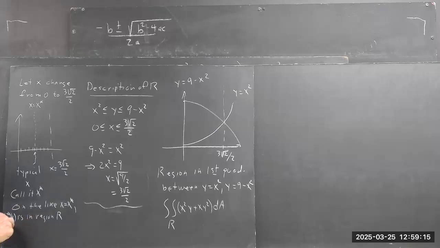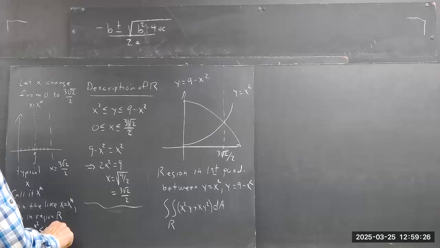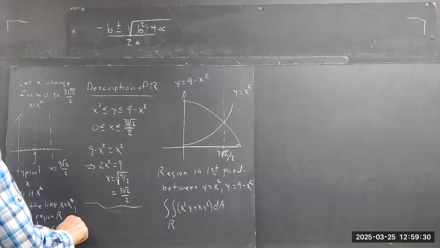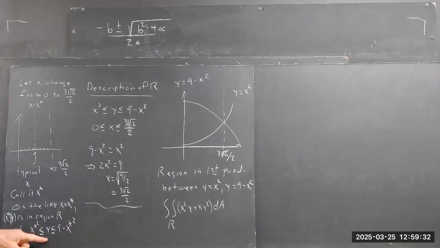Here's Y is in the region R if Y lies between X star squared and 9 minus X star squared.